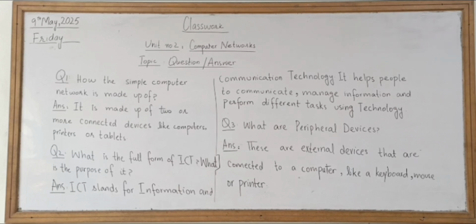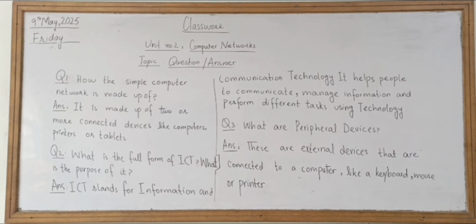After that we learned about different examples of computer networks. For example, we connect a computer with a printer to make a simple network, and with the help of this computer network we will get printouts.